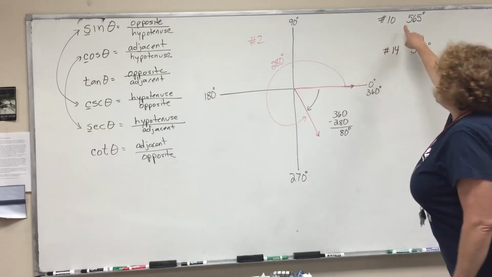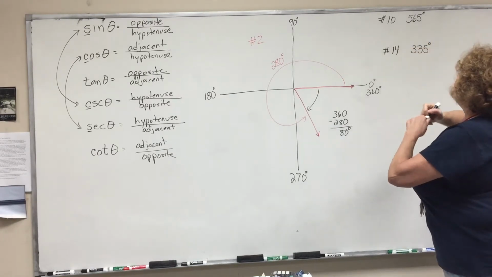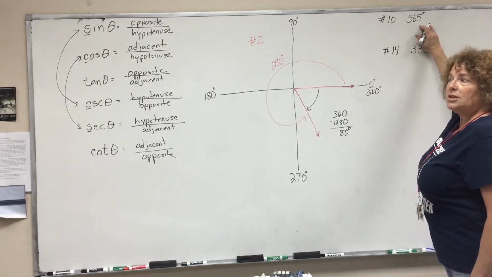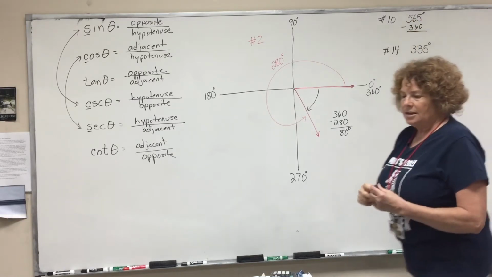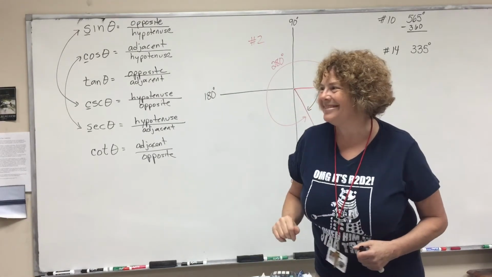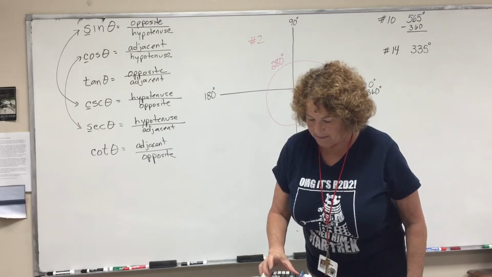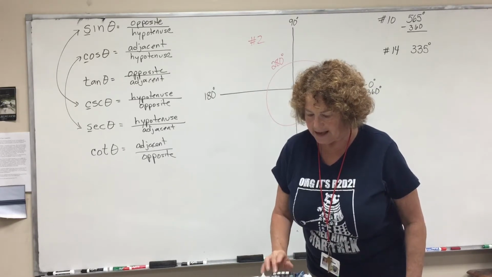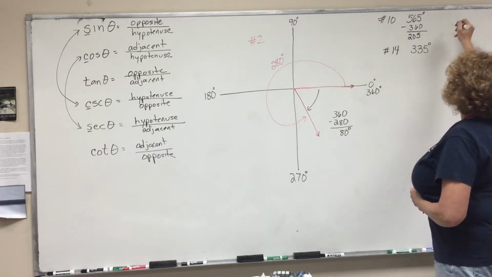If they give you an angle like in number 10 and say what's the reference angle, you first see this is more than 360 degrees, so first subtract 360 degrees. 565 minus 360, and you end up with 205. Well, this is still too big.